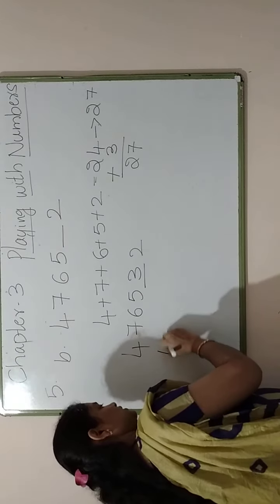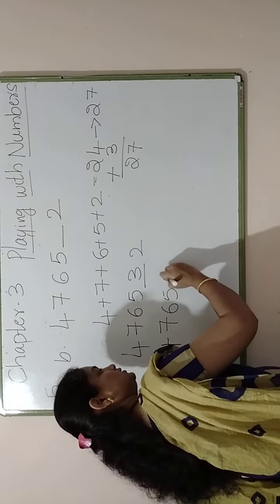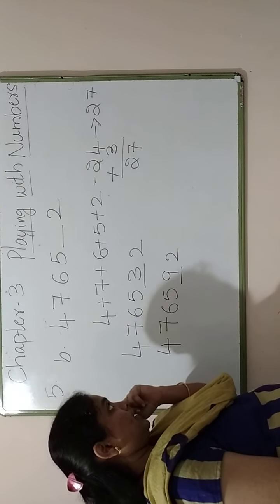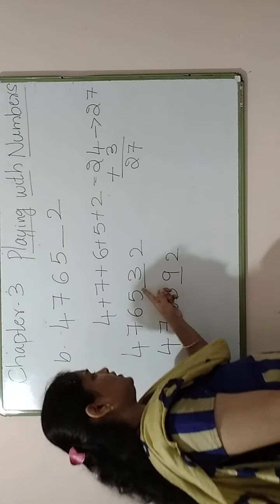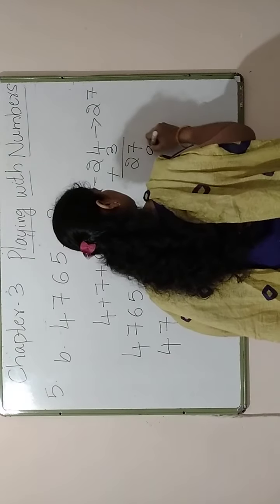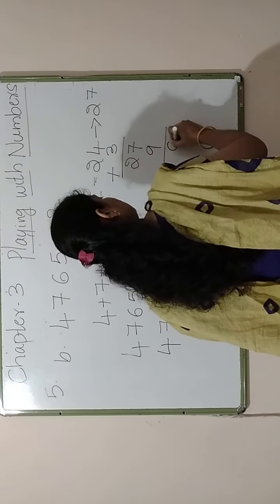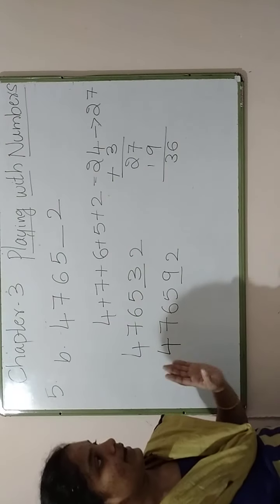Okay. So the other number will be 5, 9 and 2. So when we add 9, 9 plus 7 is 16, and the sum is 36. 36 is a multiple of 3.